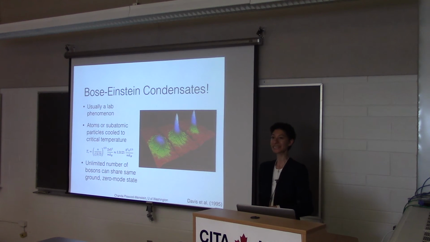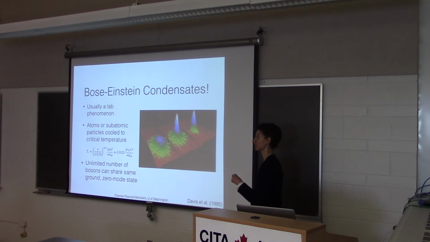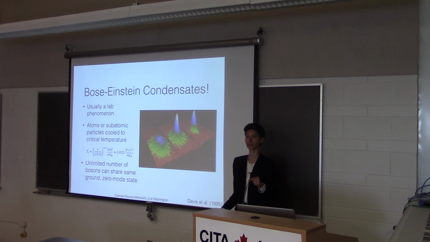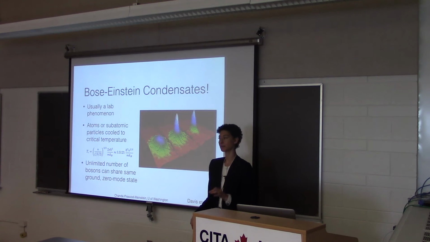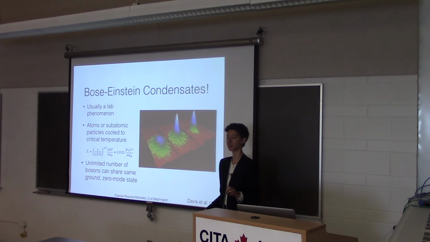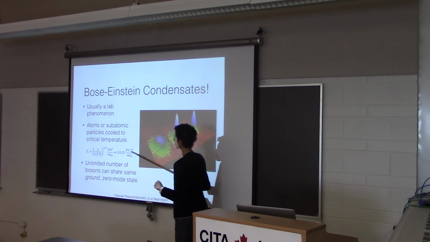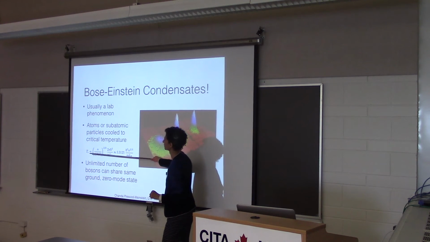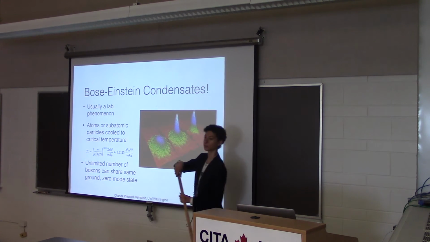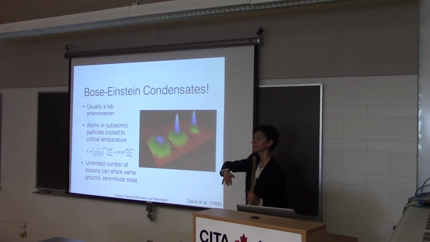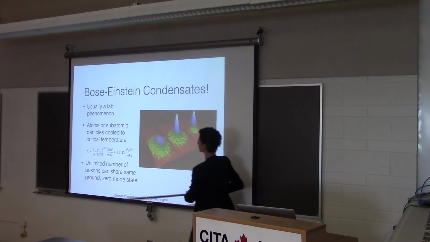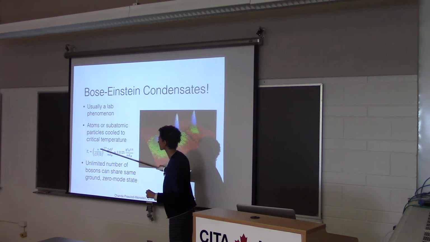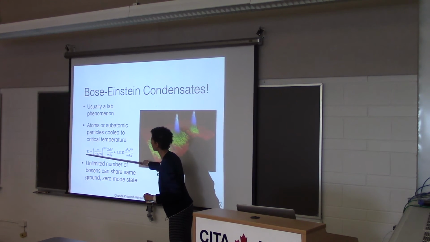The other thing is if you ever see any of the people involved give a talk about this, they'll tell you that 75% of what is hard about making a Bose-Einstein condensate in the laboratory is getting the temperature conditions right. Getting the laboratory cold is extraordinarily hard. And this comes down to figuring out how to get yourself to this critical temperature that I mentioned. The critical temperature at which point a Bose-Einstein condensate will just happen is given very nicely through a relation with the particle number density and the temperature.